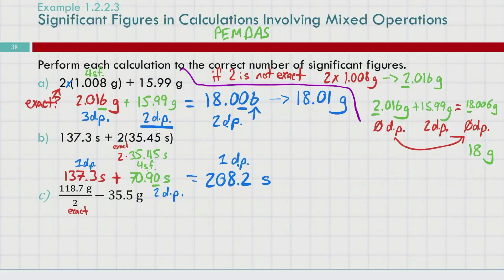Last one, we've got C, but in italics. We've got 118.7 grams divided by 2 minus 35.5 grams. We're going to do the division first. So 118.7 divided by 2, 59.35 grams. That's going to be 4 significant figures because 118.7 grams also had 4 significant figures.